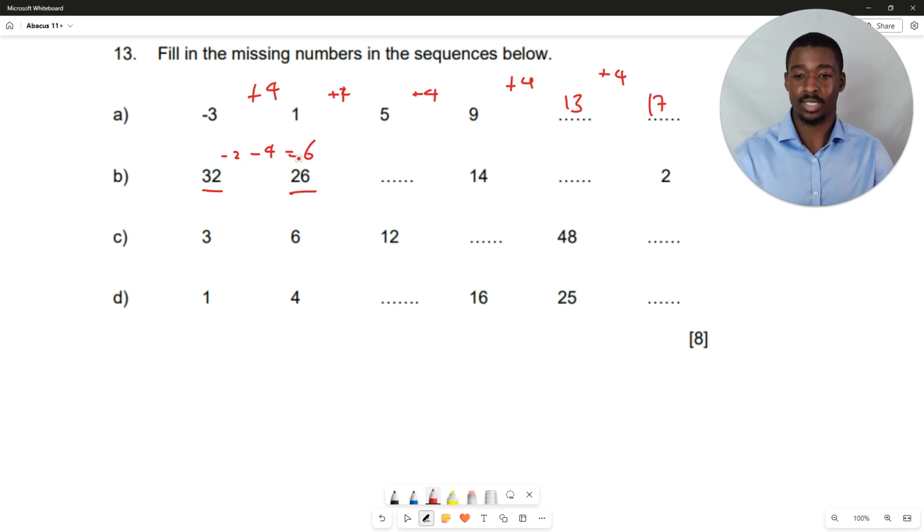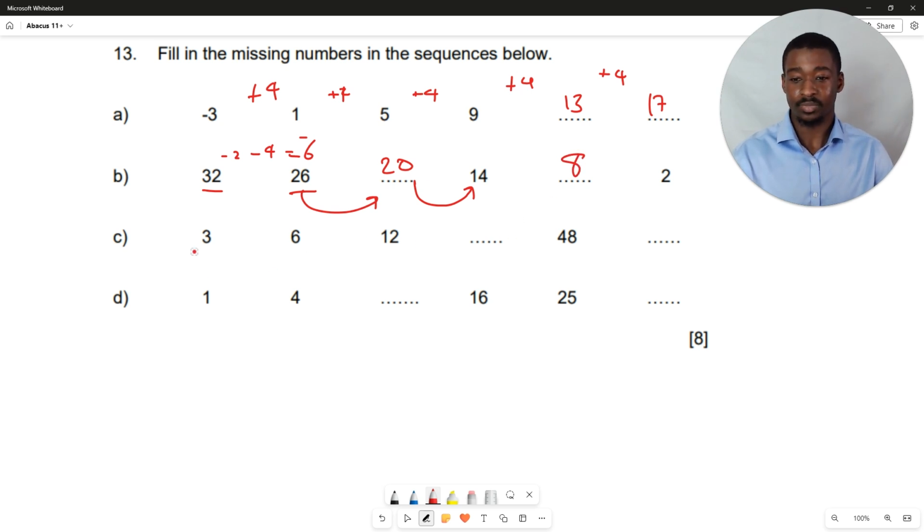So overall, we're subtracting 6. So let's try and keep this pattern going. Let's subtract 6 from 26. This would give us 20. Then let's subtract 6 from 20, 14. Okay, so it seems like we found the pattern. Let's continue this pattern. 14 minus 6 gives us 8. So it's 20 and 8.